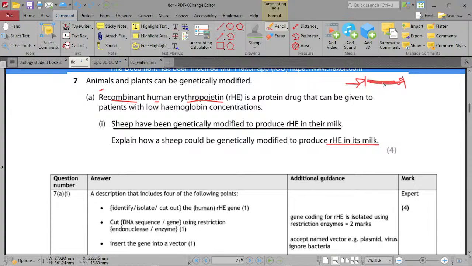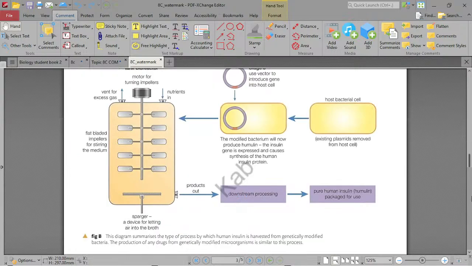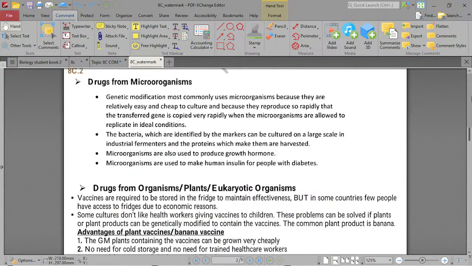Okay, this is so many steps here. Do I just say use a vector? Because it doesn't necessarily have to be that I have to use this. There are other ways of doing it.